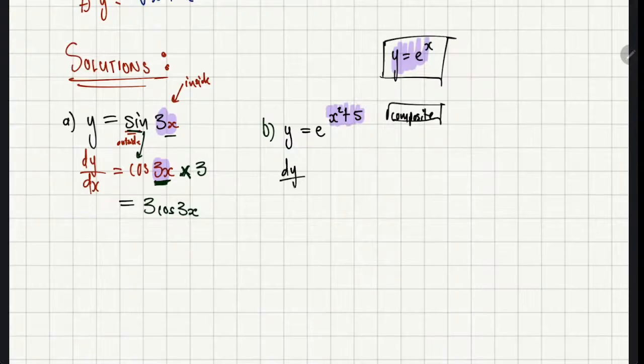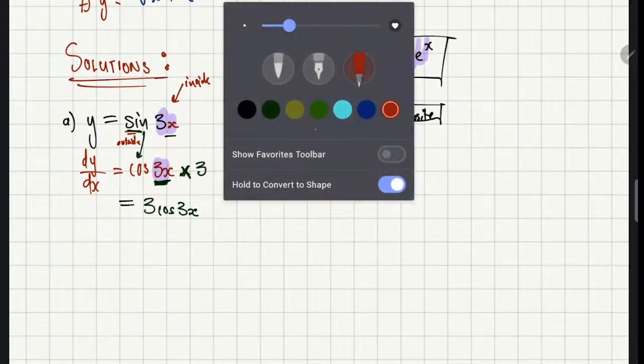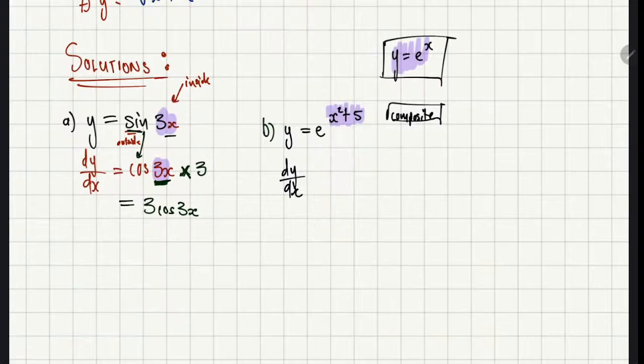Chain rule says you must find the outside and the inside. The inside is the one that replaced x. Who replaced x? This is the inside. Then e is the outside. So when you're differentiating e, you use what you were told in the table.